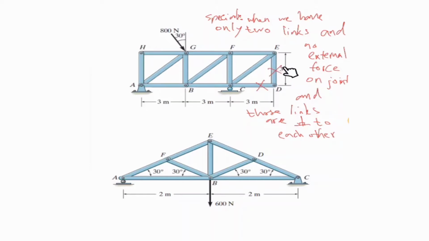Okay, right now I ignore these two. I consider E with two links. It doesn't have any zero force member, and we cannot say that there is any.